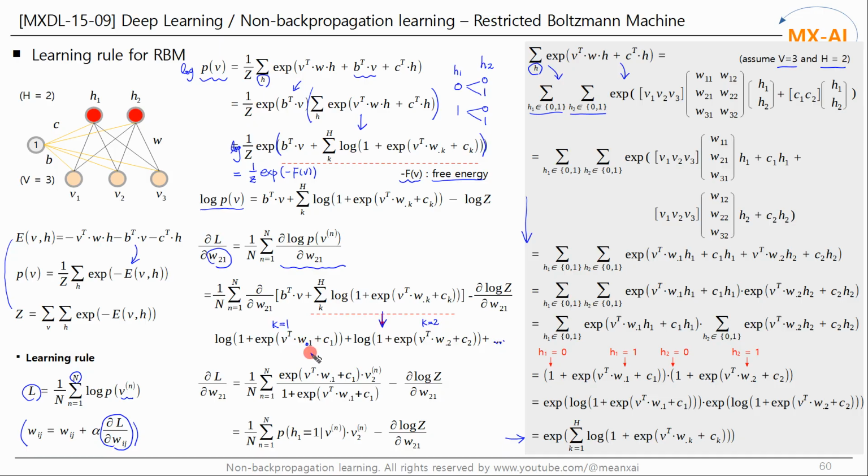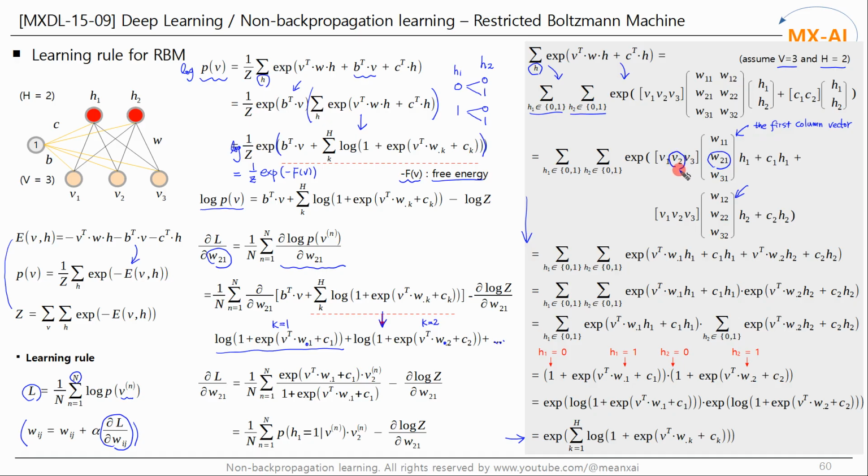W.1 is the first column vector of the weight matrix, and W.2 is the second column vector. Since W21 belongs to the first column vector, we only need to differentiate the first term.